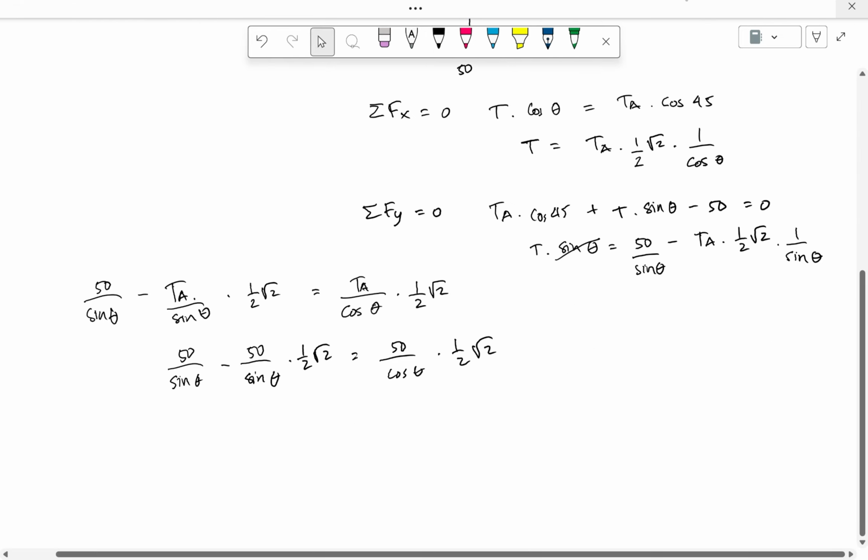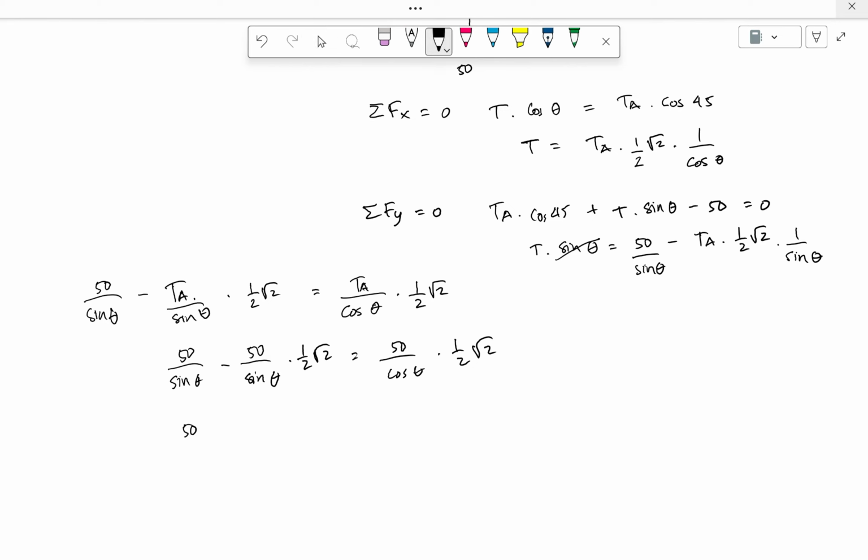All right, and then 50 minus 50 over 2 theta equals sin theta. Am I right? Yes, I guess so. Equals 50 over 2 theta, 1 over cos theta.